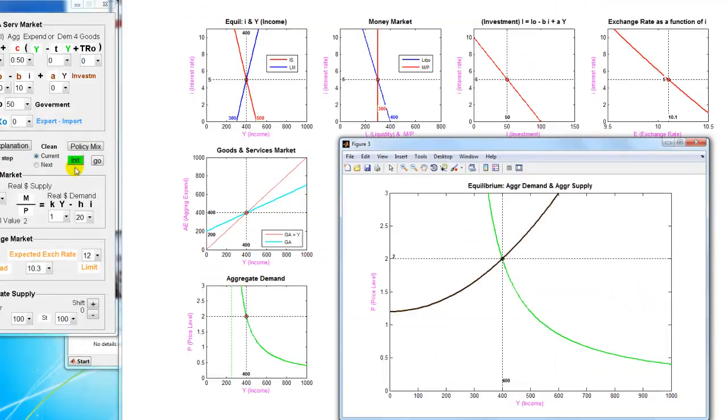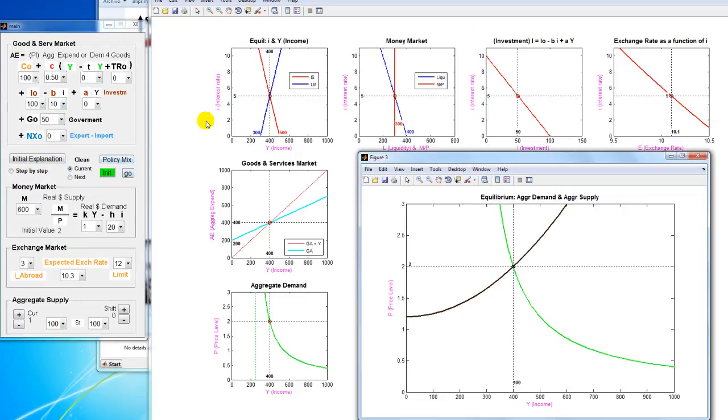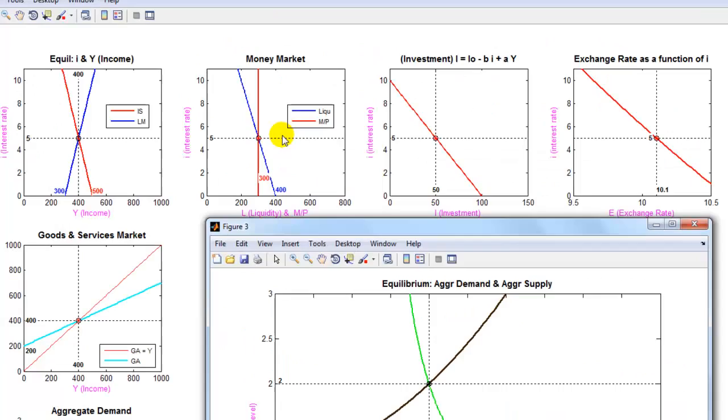We saw in the previous videos that with this data, the interest rate was 5, and we used this 5 here and this 5 here. Now we are going to use this 5 here.